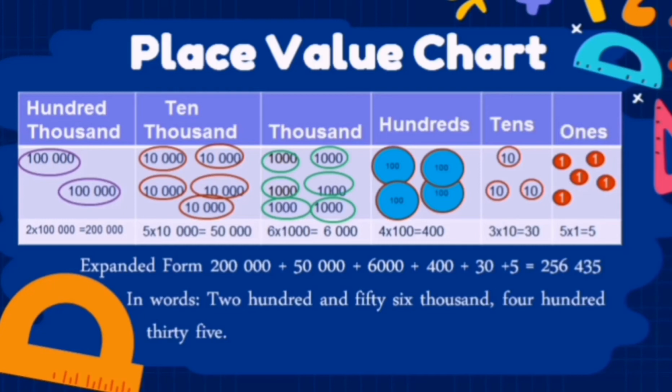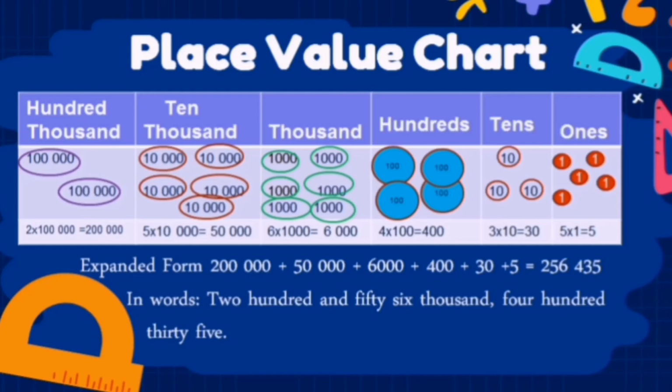You can see 2 is in the 100,000 place and its value is 200,000. 5 is in the 10,000 place and its place value is 50,000. 6 is in the 1000 place and its value is 6,000. 4 is in the 100 place, its value is 400. 3 is in the tens place and its value is 30. 5 is in the ones place, its value is 5.